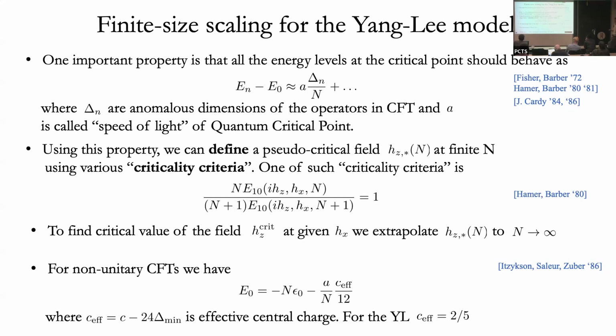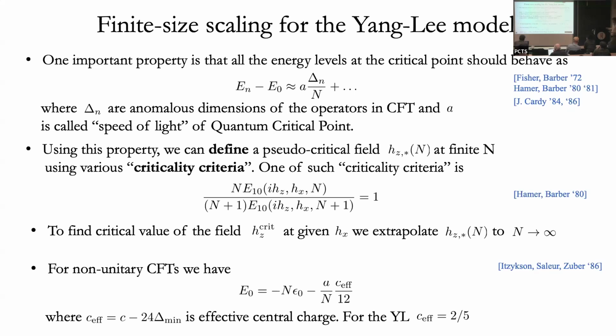Actually, this behavior makes it a bit difficult to distinguish different non-unitary models, because the effective central charges of those non-unitary models have very small numerical differences. I don't have it here, but some minimal models like M(3,5) and maybe M(2,7) have about 1 over 1,000 difference between their effective central charges. So that makes it harder numerically to verify what model we have microscopically.